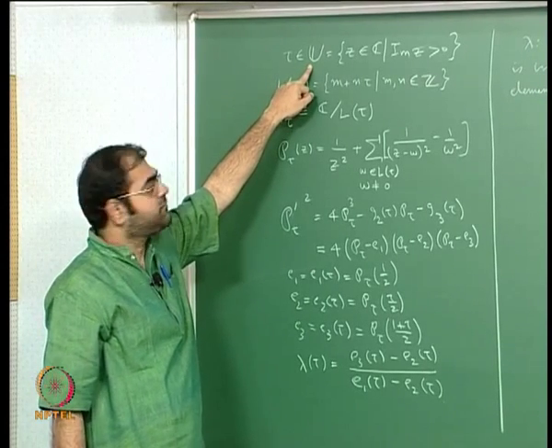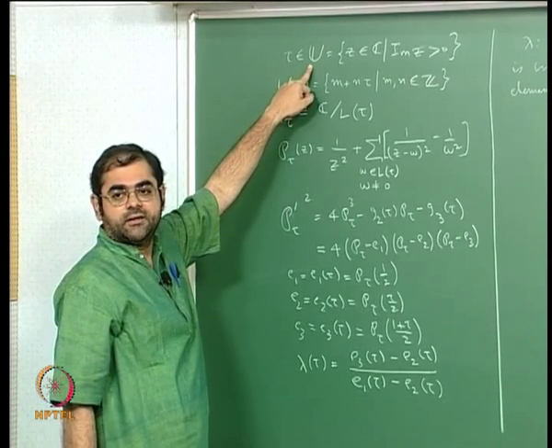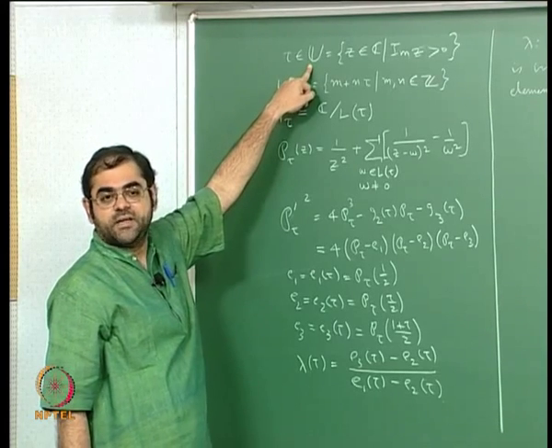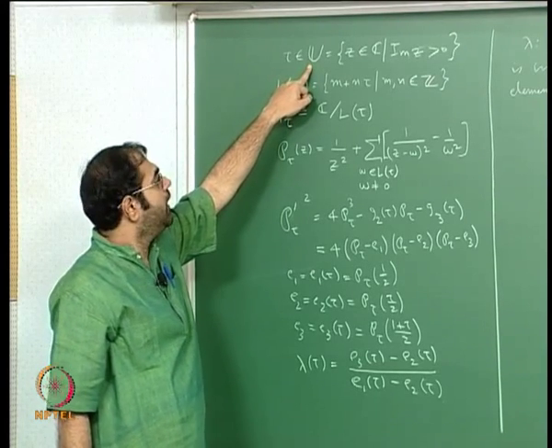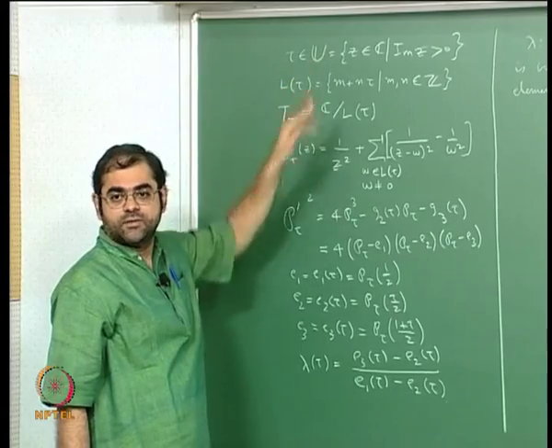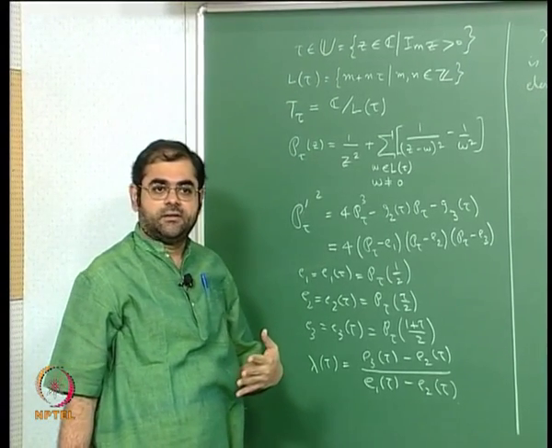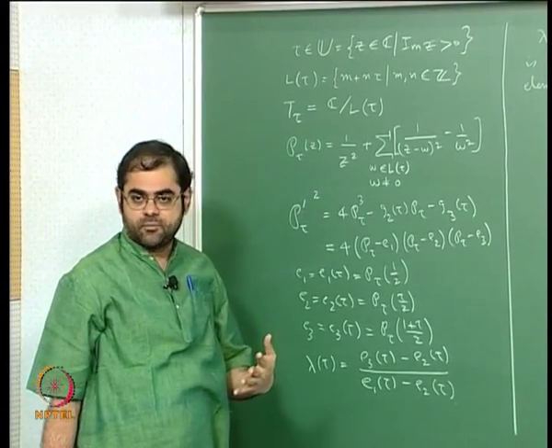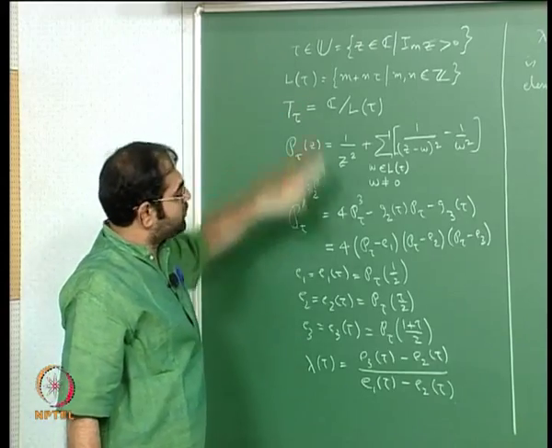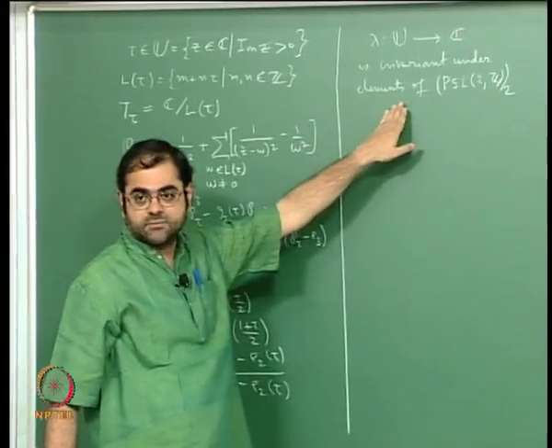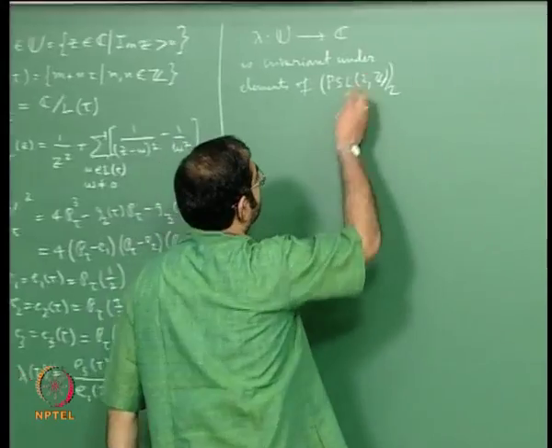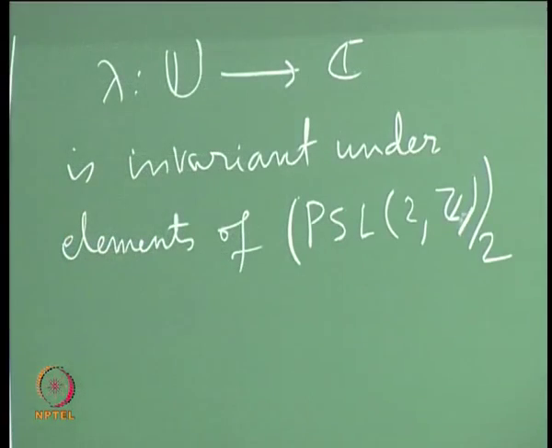That means a function which is constant on orbits of PSL 2 Z for its action on the upper half plane, and these orbits are precisely the holomorphic isomorphism classes of complex tori. So so far we have had partial success because this is only a subgroup. It's a normal subgroup of the full unimodular group.